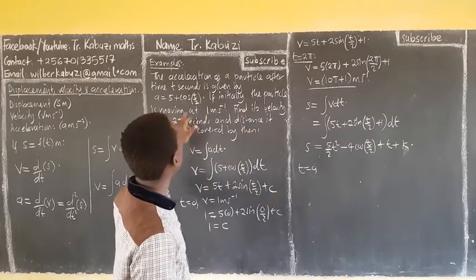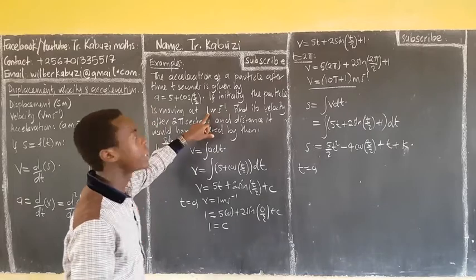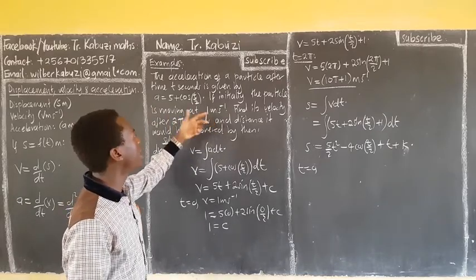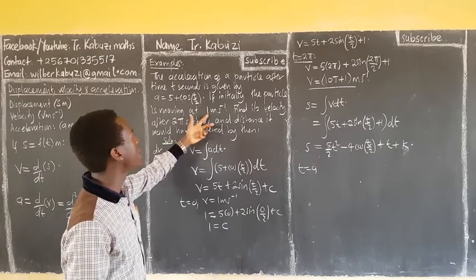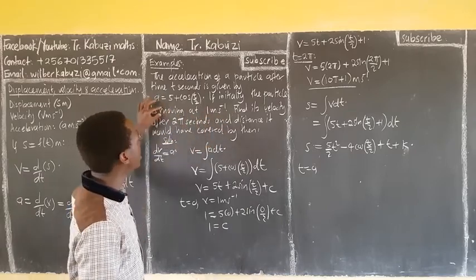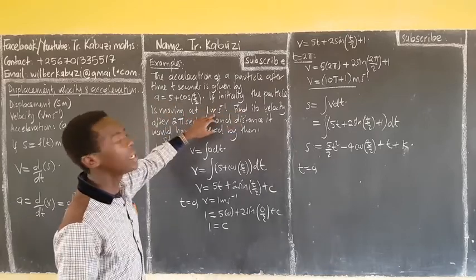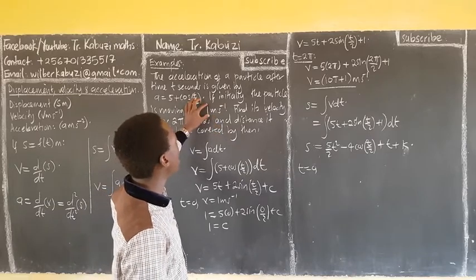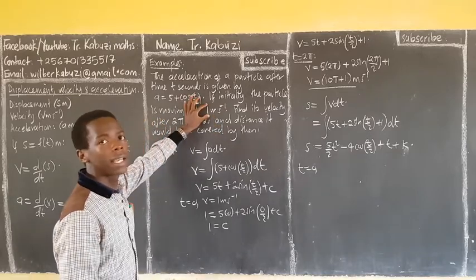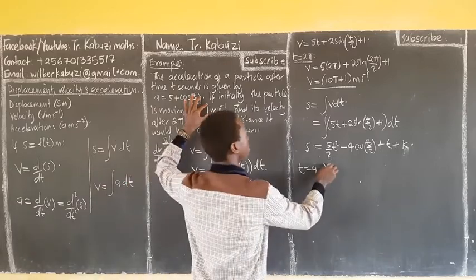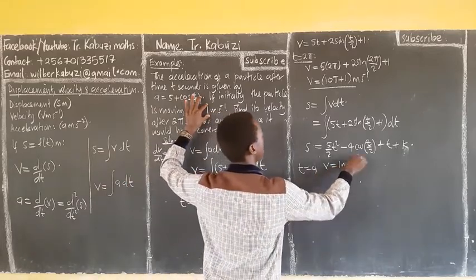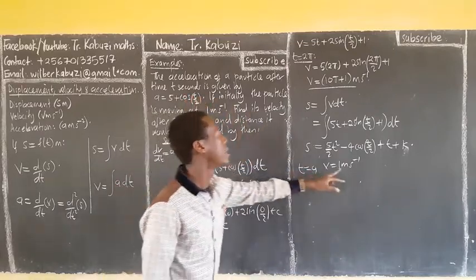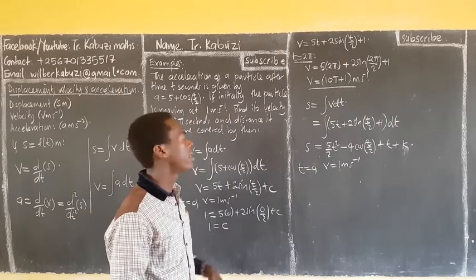Now, initially, if this particle was moving at 1 meter per second, meaning that for every second that was passing, it was covering 1 meter.